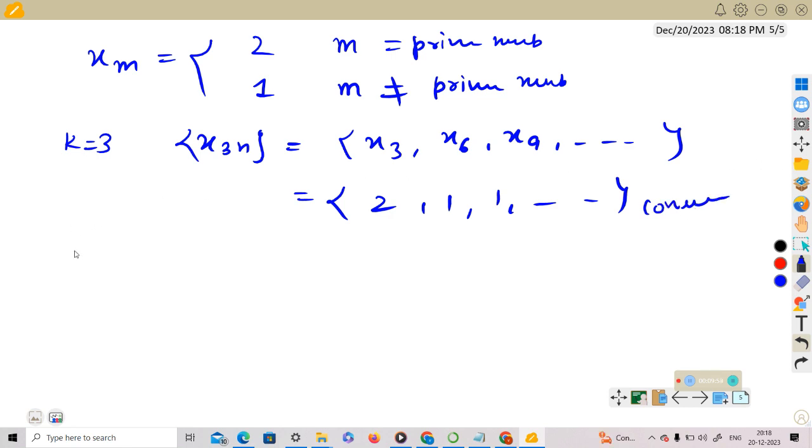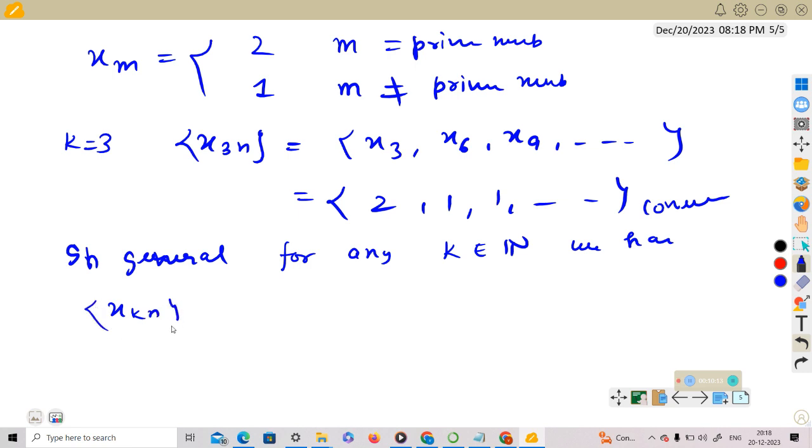In general, for any k, we have x_kn. How does it look like? It looks like x_k, x_2k, x_3k, and so on. So if k is a prime, then there is a possibility of 2 or 1.